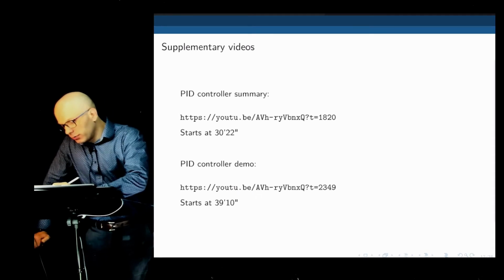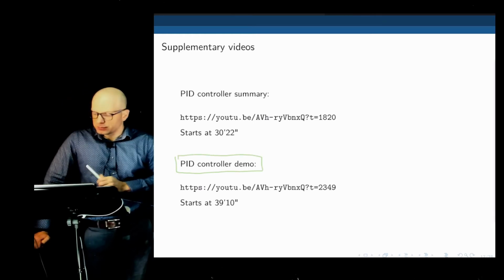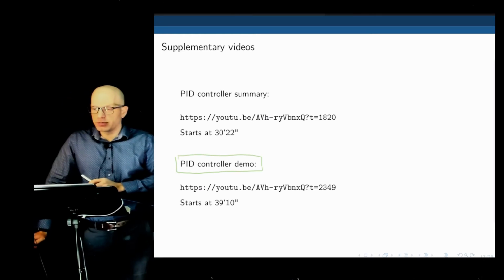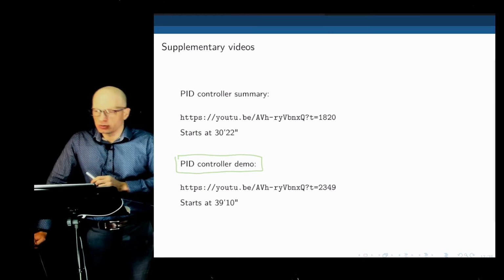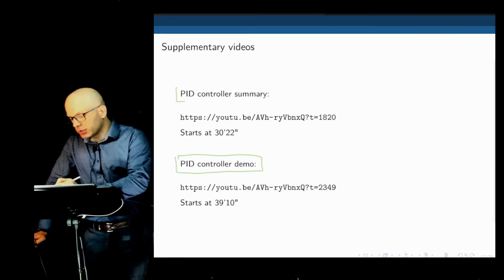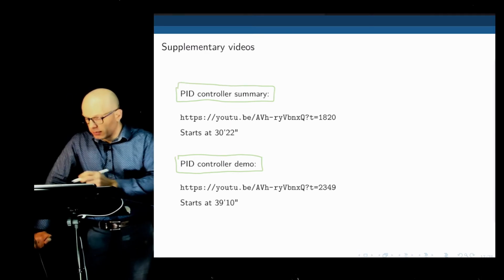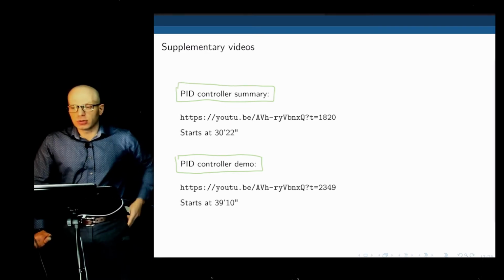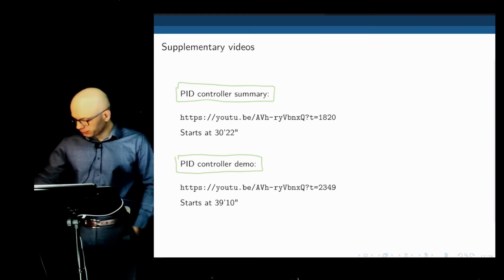And this one in particular has a demo that shows the effects of a PID controller using a linear cart that you're trying to control using it. All right, so watch these two videos later. This summary is just a summary of all the effects of Ki, Kp, and Kd. And then the demo is the actual implementation using an Arduino as the controller.